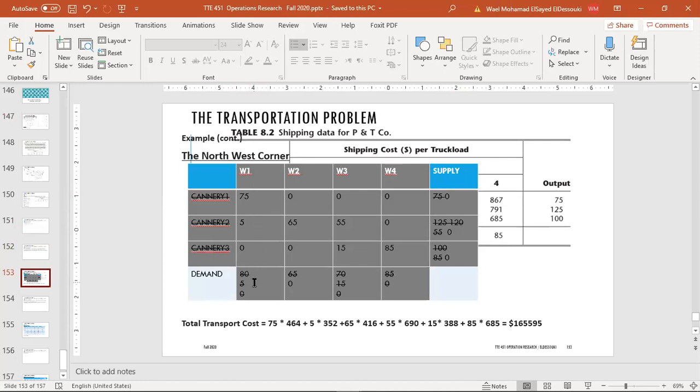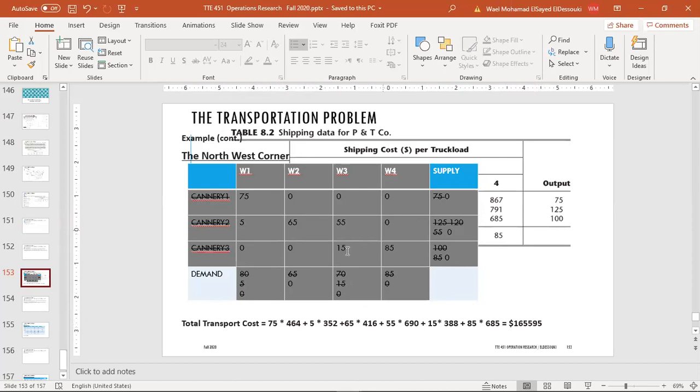The demand at warehouse 1 was 80, so we supplied 75, and we still have 5 remaining. We crossed out cannery 1 and moved to the next cell. We assigned 5 because the remaining demand here is 5, and the supply here was 125, and so on. We moved on and filled this. As we mentioned, the total cost here was 165,595 US dollars.